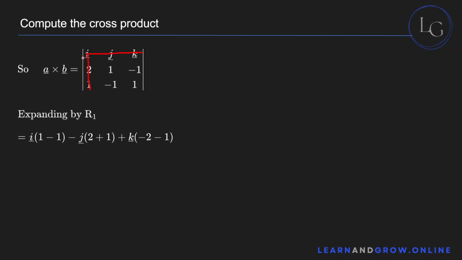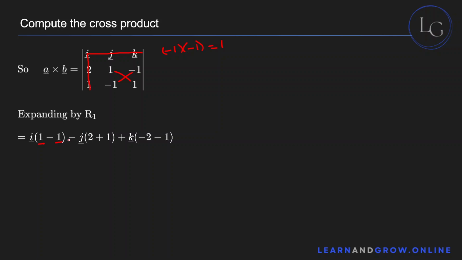Then you write down i, and multiply it with the product of the diagonals that are remaining. So 1 into 1 is 1, and from that you subtract the product of the other diagonal, minus 1 into minus 1 is 1. So that gives you 1 minus 1.